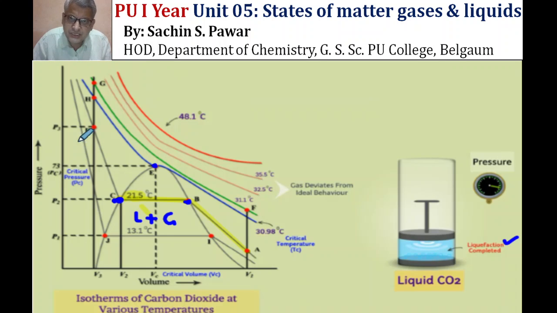After point C, you see the volume is not changing to that much extent, but the pressure is definitely increased like anything. The pressure is increased, but the volume is not changing that much, at 21.5 degrees Celsius.